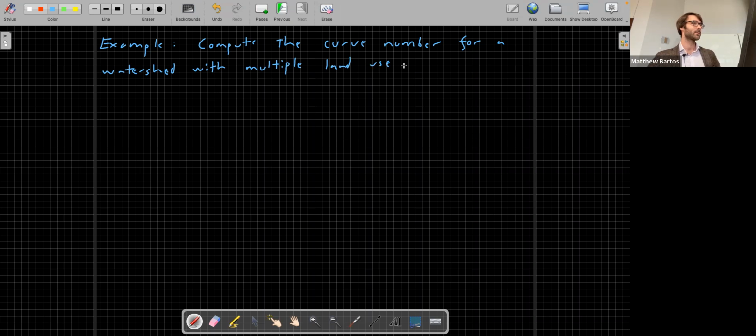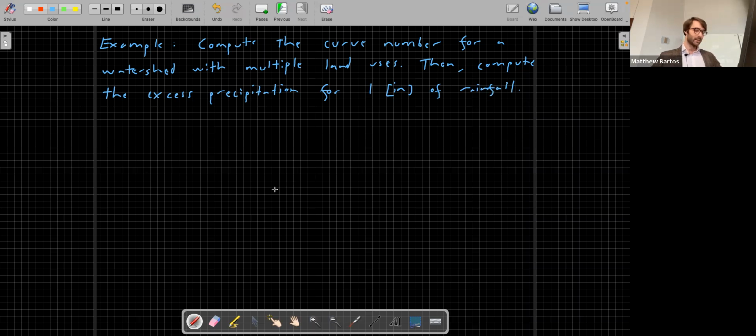And then we will compute the runoff response, I'll just say the excess precipitation, for 1 inch of rainfall.